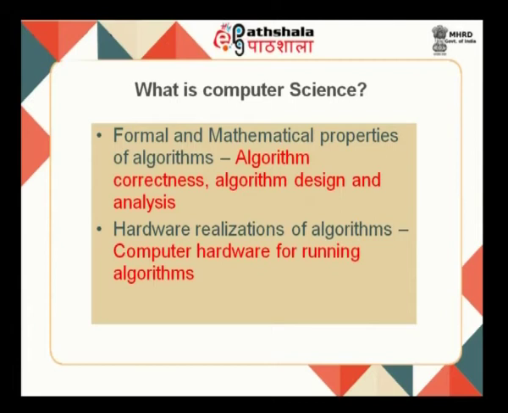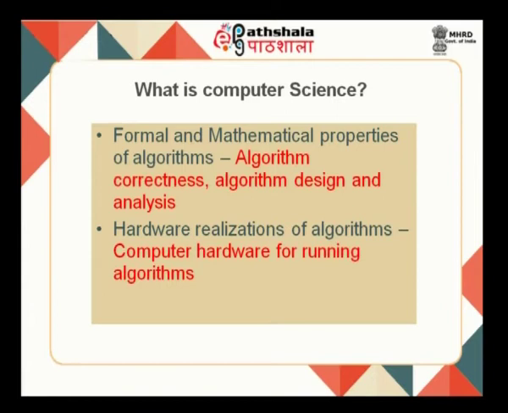What is meant by the formal and mathematical properties of algorithms? This means the study of various aspects like algorithm correctness, that is, how to prove that a given algorithm is right; algorithm design, that is, for a given problem how to design an algorithm; and algorithm analysis, that is, given an algorithm how to analyze it in terms of space as well as time.